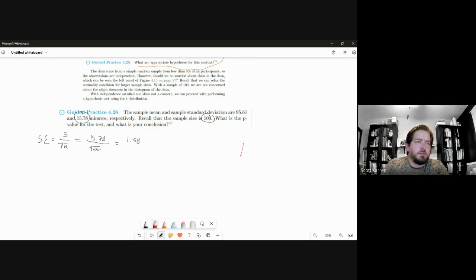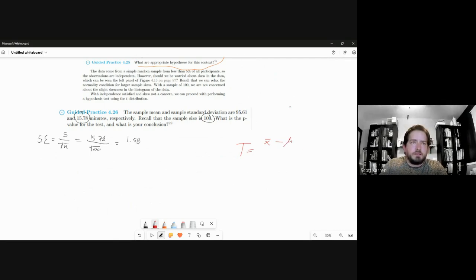The t value, that capital T value, is calculated, again, like the same thing as a z value, so it's going to be the same kind of formula. It's going to be that x bar, the value that we got, minus the proposed mu, right?